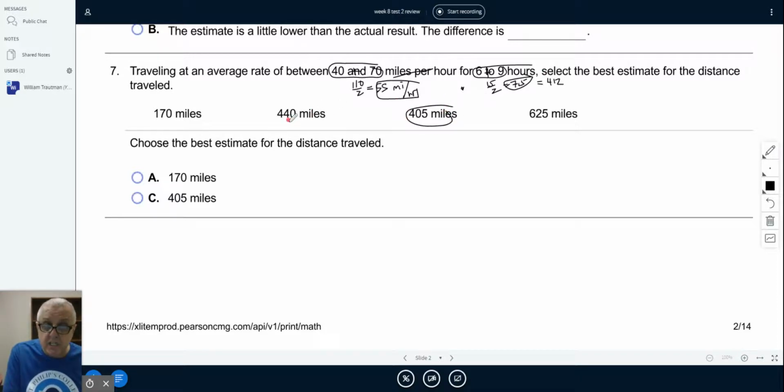I mean, this is kind of close too, but 405 is closer, so that's my answer. By the way, you can't see all the answers because when I printed out, it didn't show all the answers, but that's the answer I'm choosing.